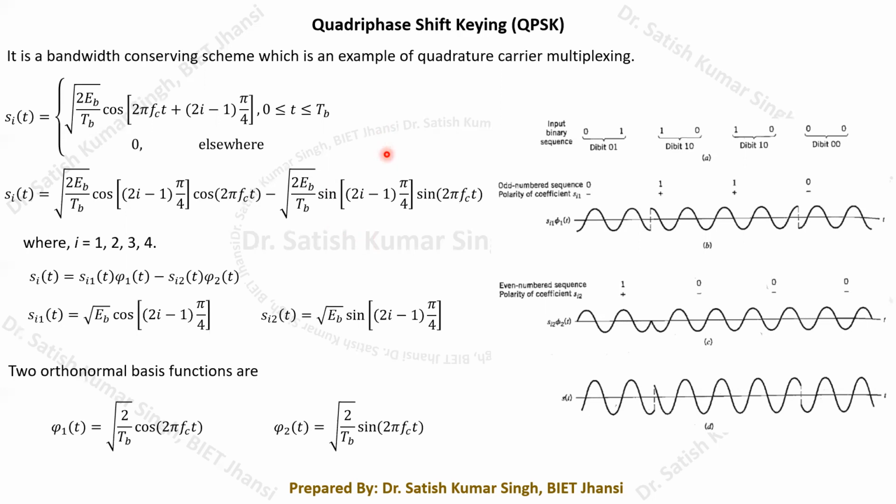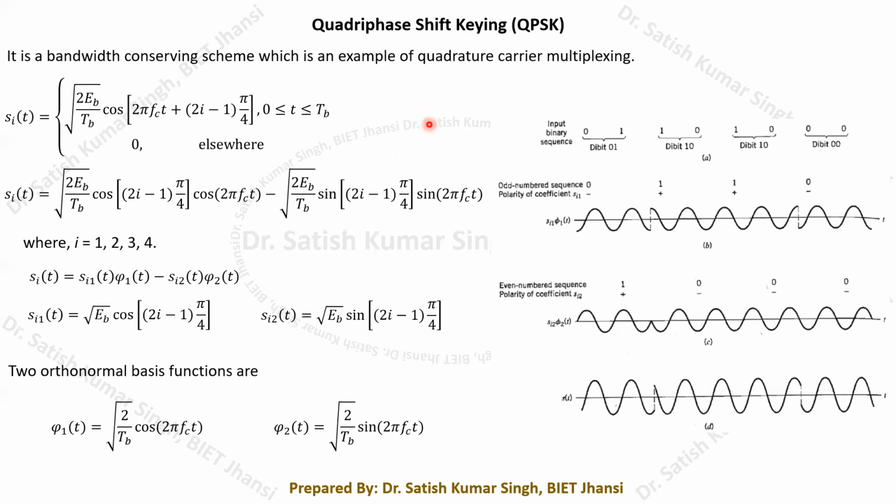Now suppose we do not want a phase shift due to just a single bit, but rather we want to take the combination of 2 bits to make a phase change in the carrier. In the last case, for a single bit change, whether 0 or 1, there was a corresponding phase change in the carrier.